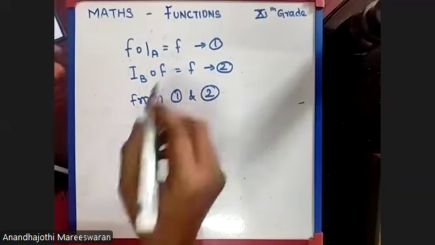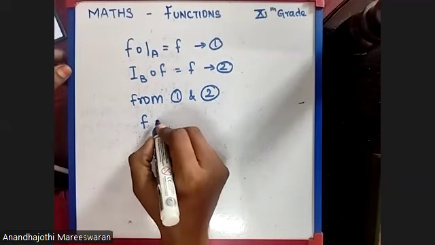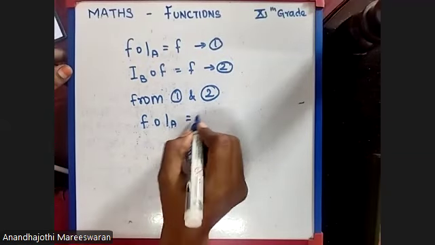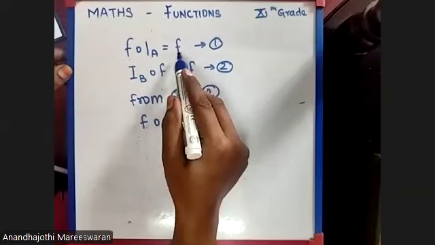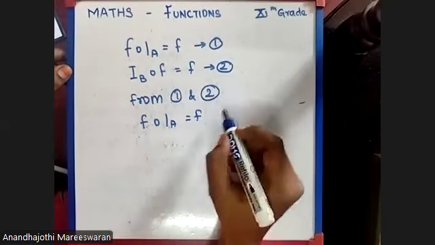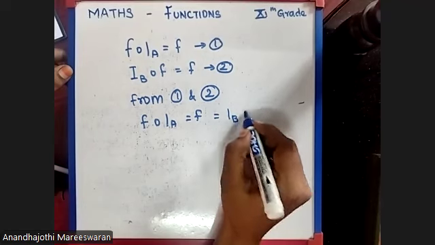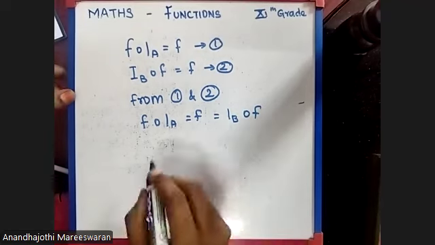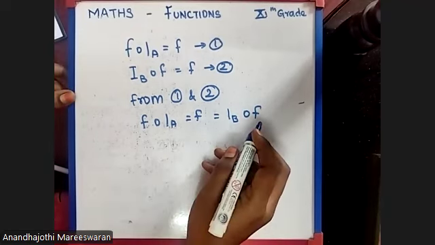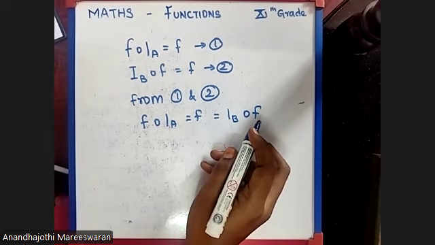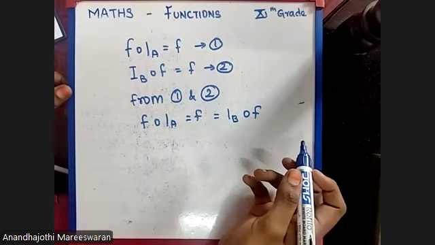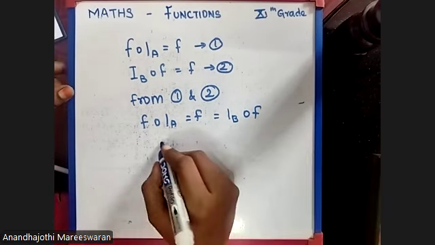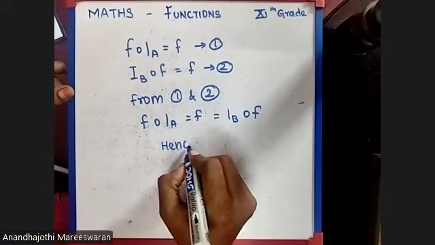We combine f circle I_A equals f, where f is again equal to I_B circle f. So this is what we have to prove. Did we prove it? Yes, we proved it. Hence proved.